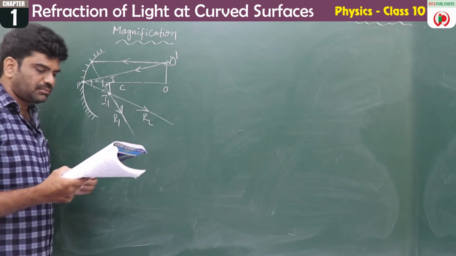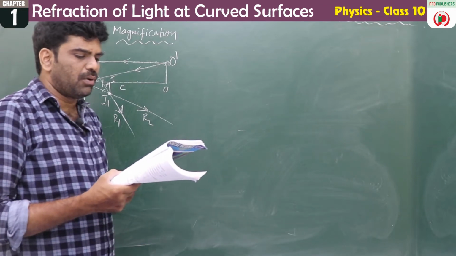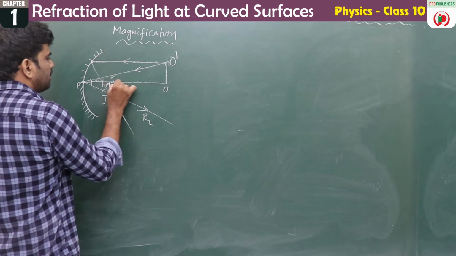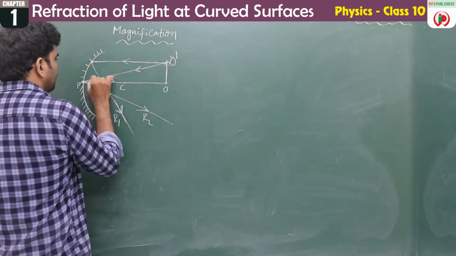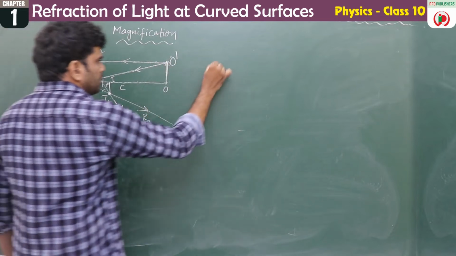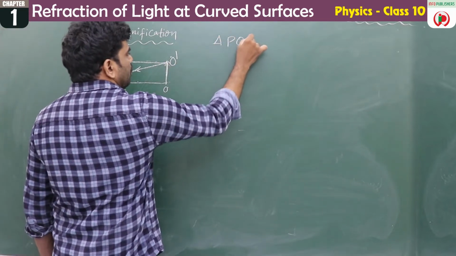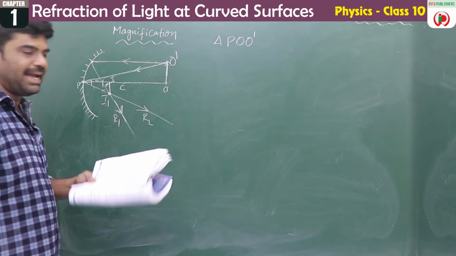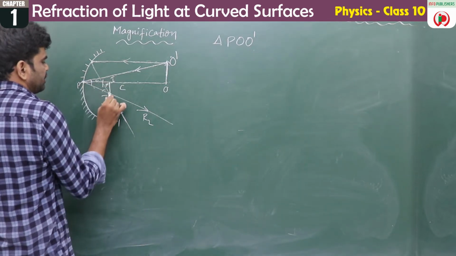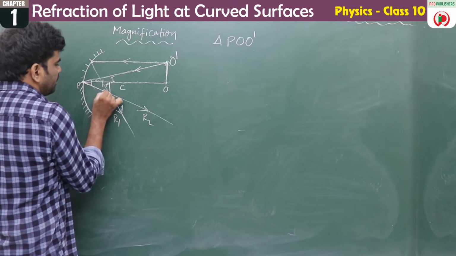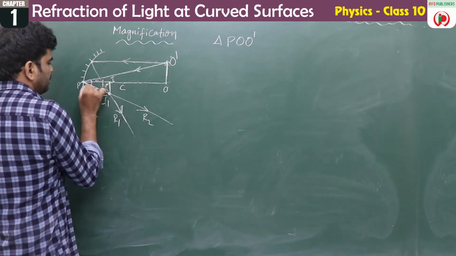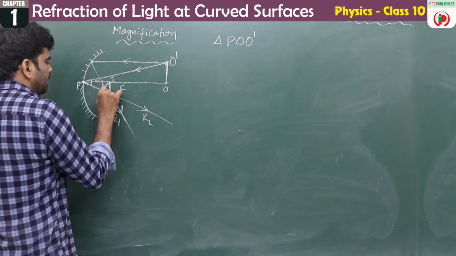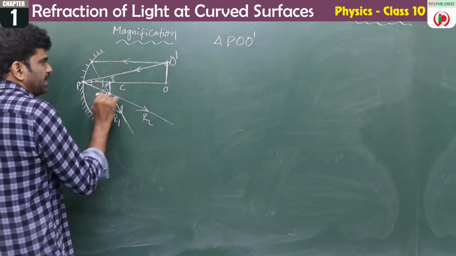Here we can say triangle PO dash, this triangle, and triangle PII dash, this is one more triangle, with I, P, and I dash.